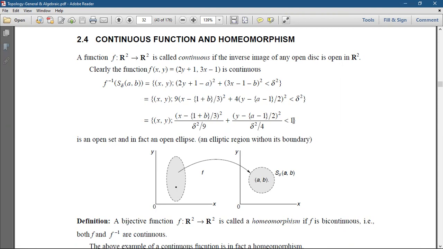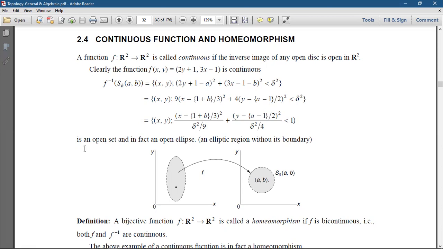That means dividing delta square on both sides. Therefore, it is an open set, and in fact an open ellipse, an elliptic region without its boundary.